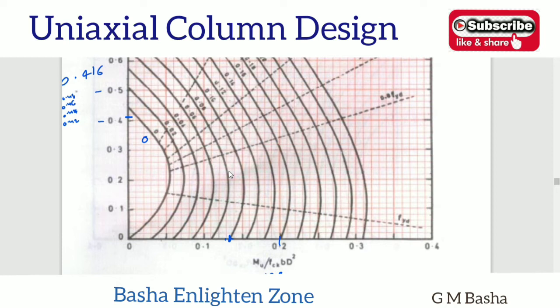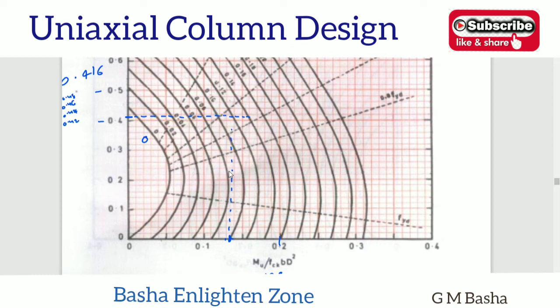So here it is not possible to take the scale, so I am going for approximation. It is better to take the 0.4 value and 0.14 value directly.